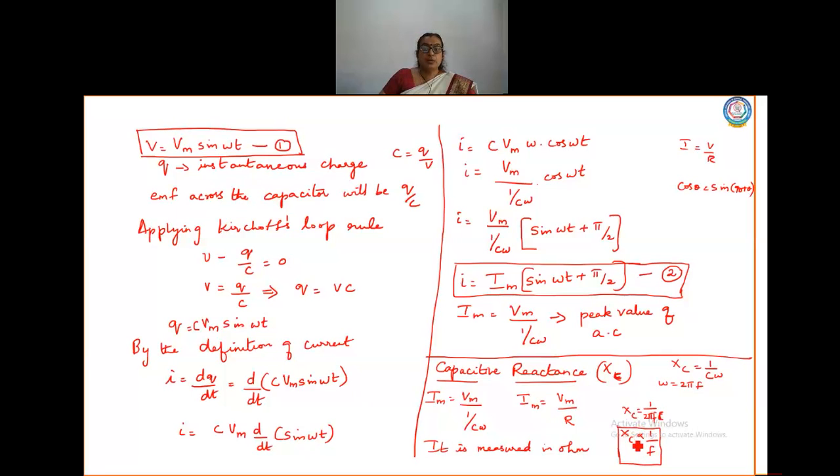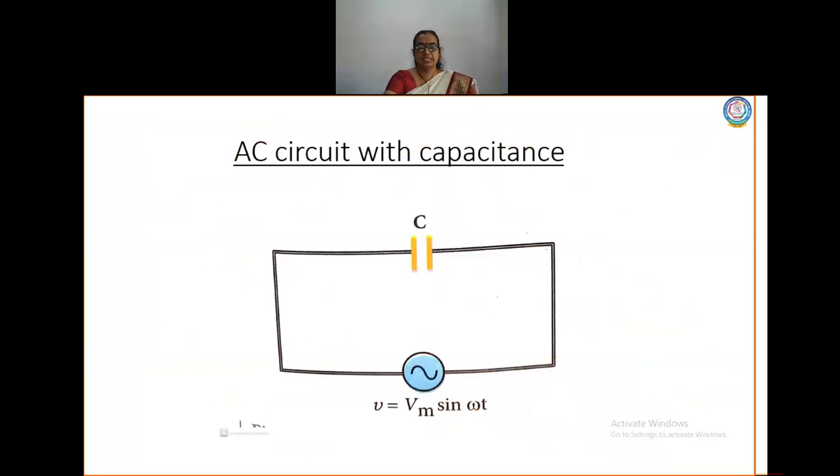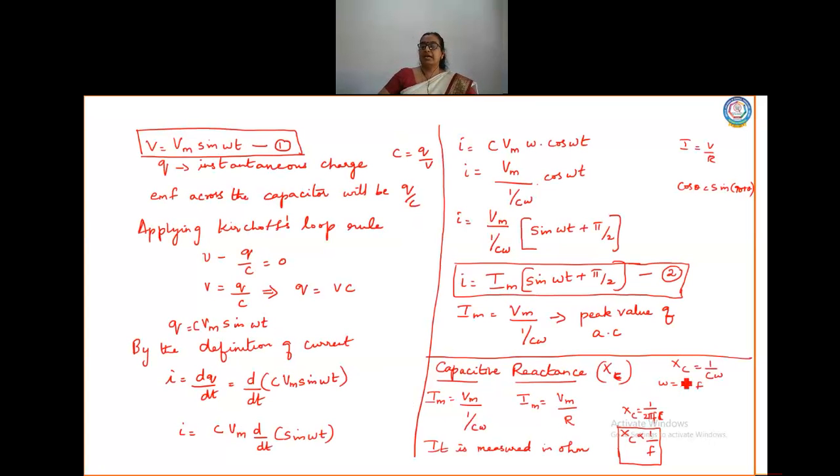Now this is with respect to AC. But when you compare this with DC, there is no frequency as far as DC is concerned. Instead of AC, if you connect a DC, a battery, what happens to the value of XC? Since we do not talk about frequency at all, the XC value will be infinity. I can substitute XC is equal to 1 by 0, because f is not there for DC.